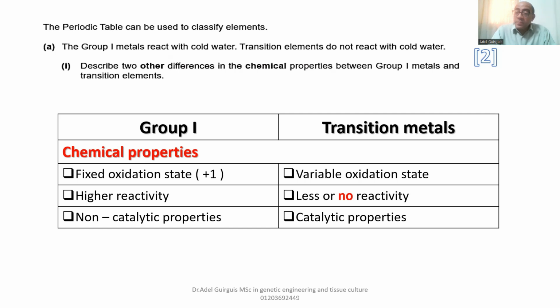Catalytic properties, they have catalytic properties, acting as catalysts in many industries, as we'll see in our course. Any 2 of these differences of group 1 metals can be answered here.